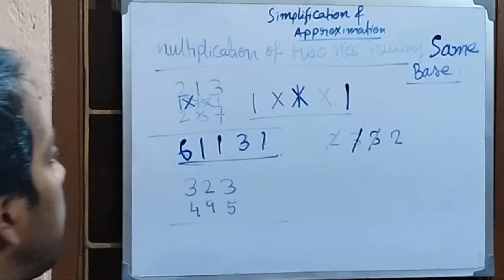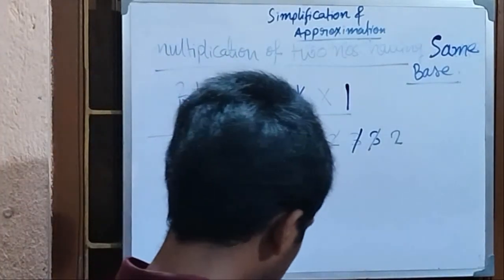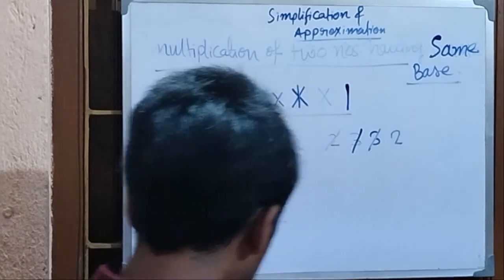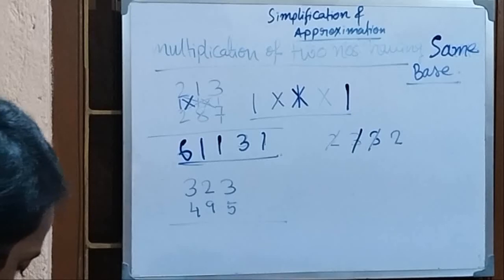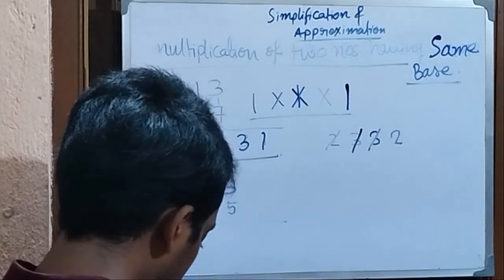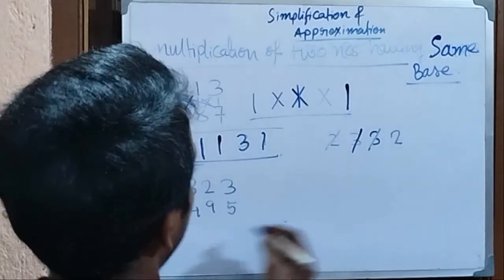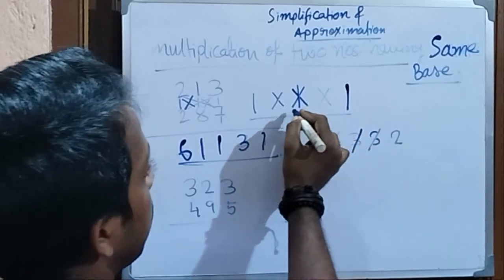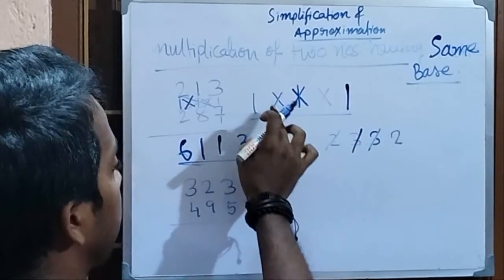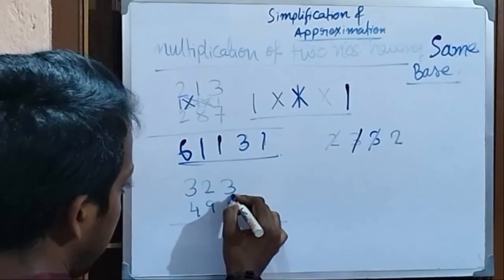Here, straight line, cross, cross along a straight line, then again cross, then straight line. So first we'll apply the straight line process.